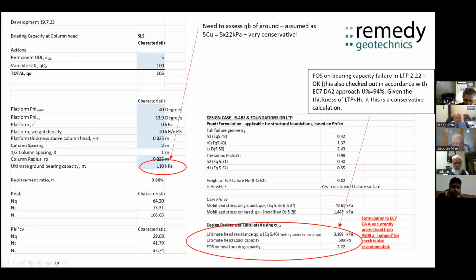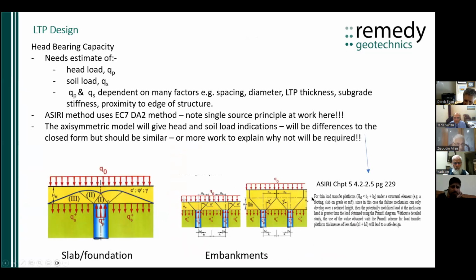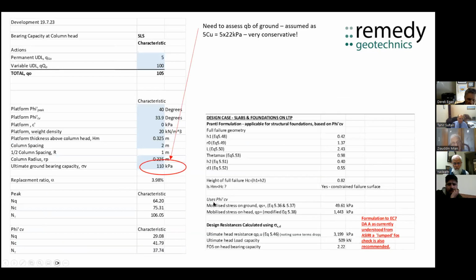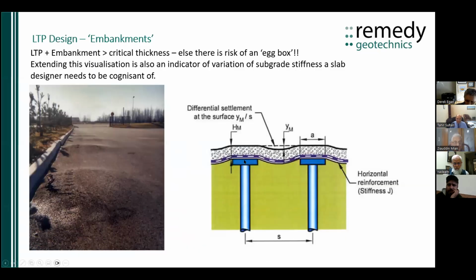The critical thickness essentially is the thickness required to ensure that you've got a full collection of the load applied above the top of the column. Okay, if you've got this situation here with a thin load transfer platform and no slab, you can get settlement between the columns, which is what's happening here.